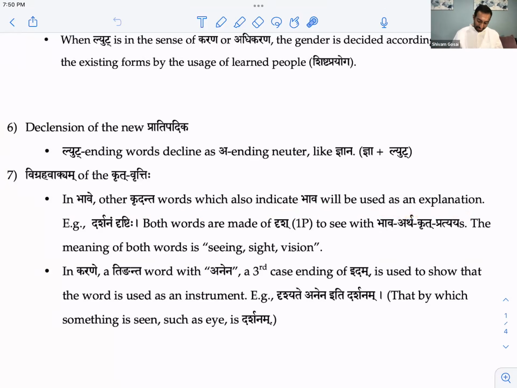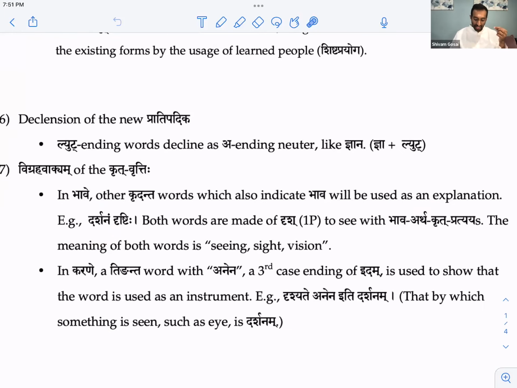For example, I have the word darshanam. You have drish dhatu plus lyut becomes darshana, or in napumsakalinga, darshanam. Now I can use that same dhatu, drish, and add a different suffix, which we haven't seen yet, and that same dhatu will become drishtihi.